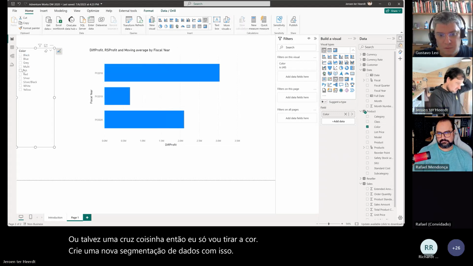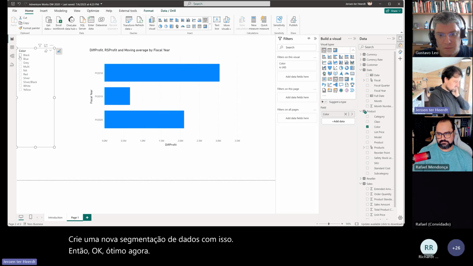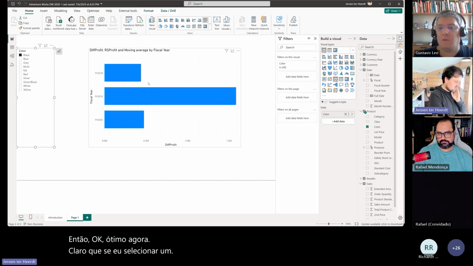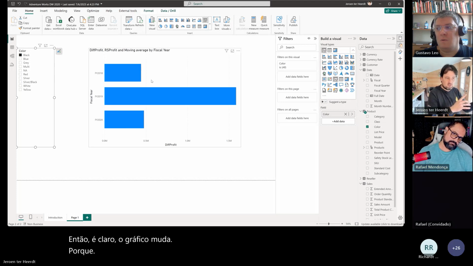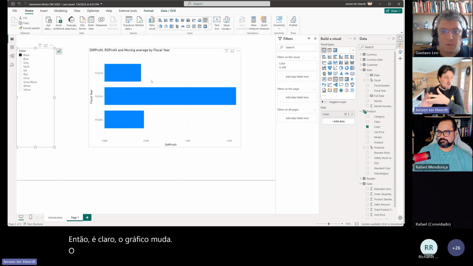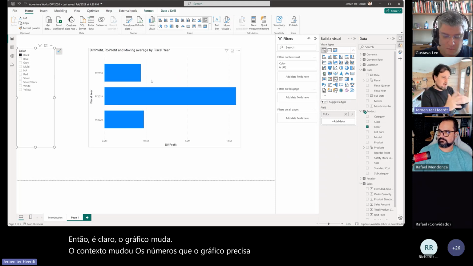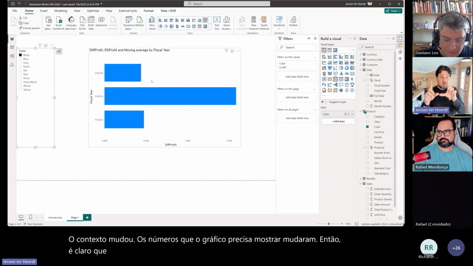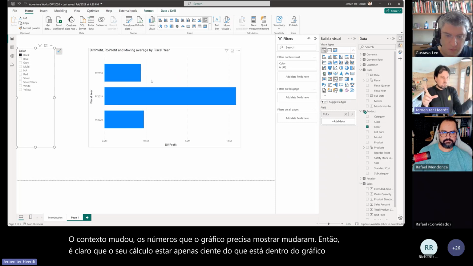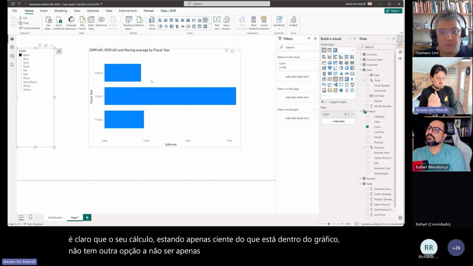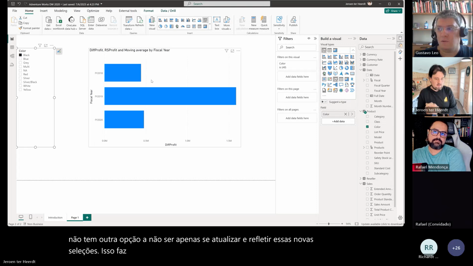Now, of course, if I select one, then the chart changes, because the context has changed. The numbers that the chart needs to show have changed. So of course your calculation, being only aware of what's inside the chart, has no other option than to update itself and reflect those new selections. Does that make sense? Sure.